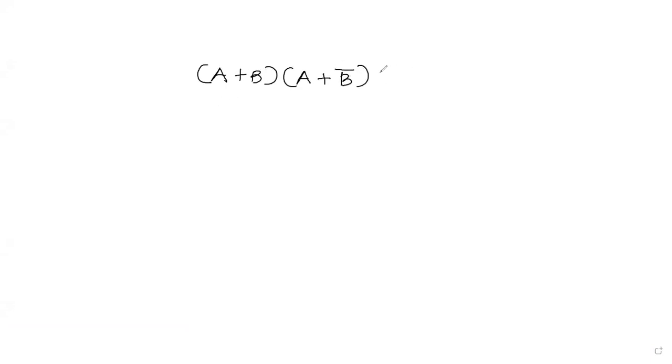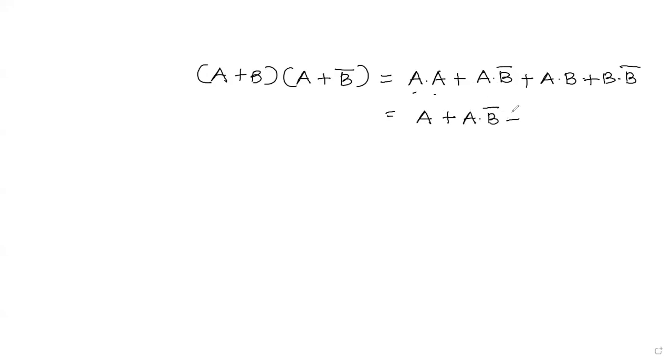This is another one. So this can be simplified as A into A, of course, plus A into B bar. Then again A into B, that is AB, plus B into B bar. A into A will become A, plus A into B bar, plus A into B, and B into B bar will become 0.